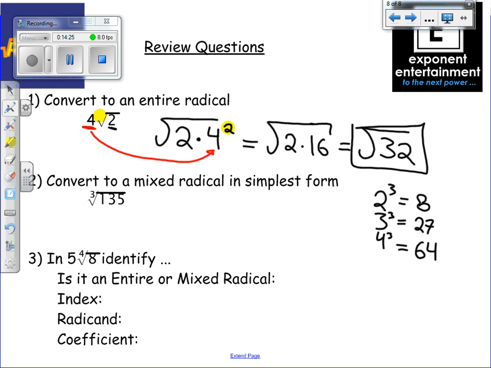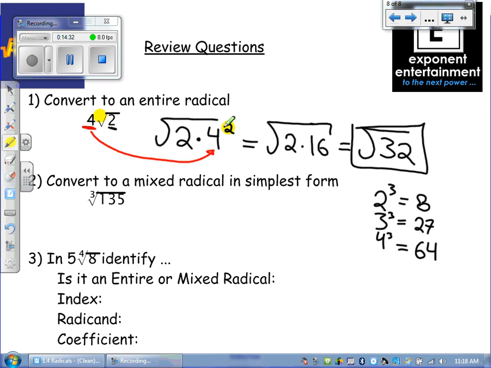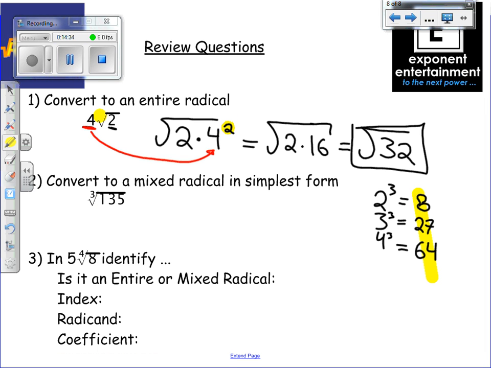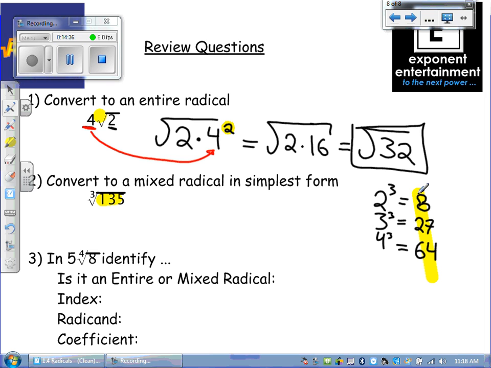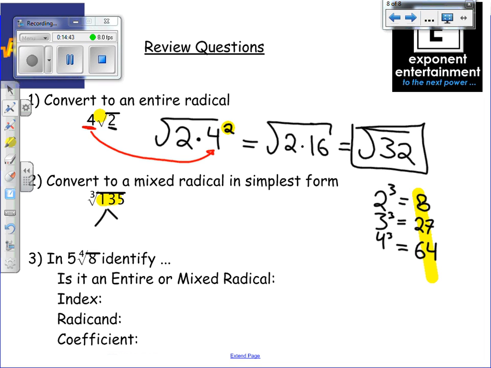So which one of these numbers goes into that number? Joe says 27. 5 times 27, beautiful. So Joe broke this into the cube root of 27 times the cube root of 5.